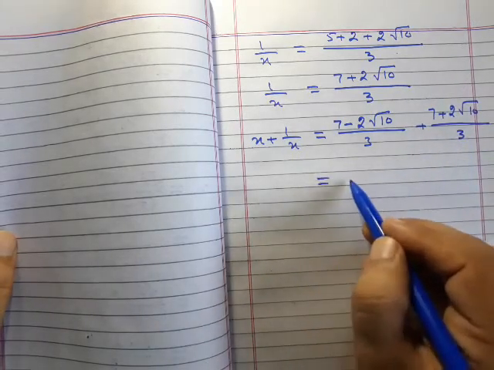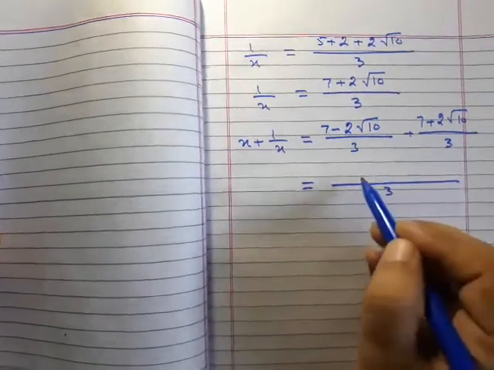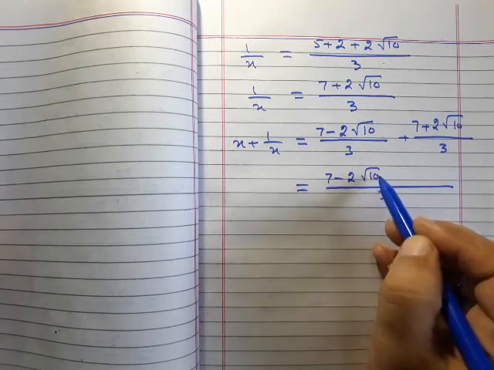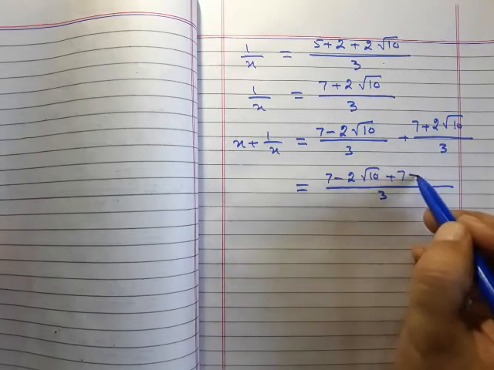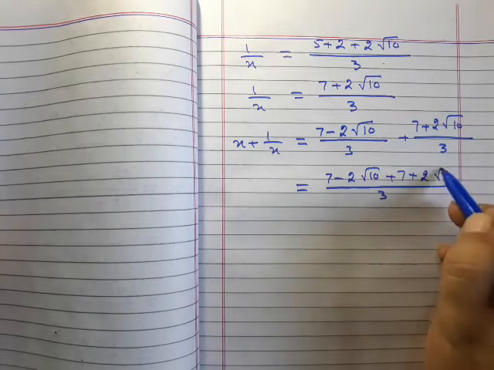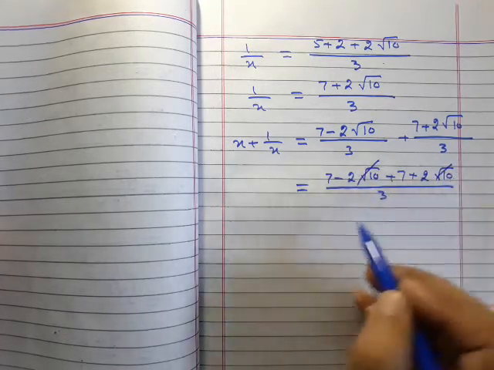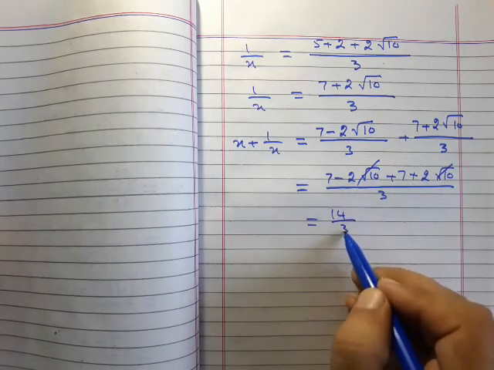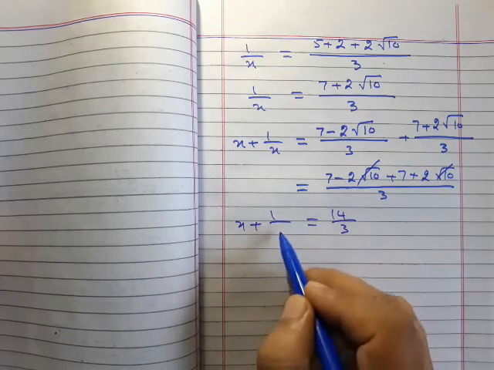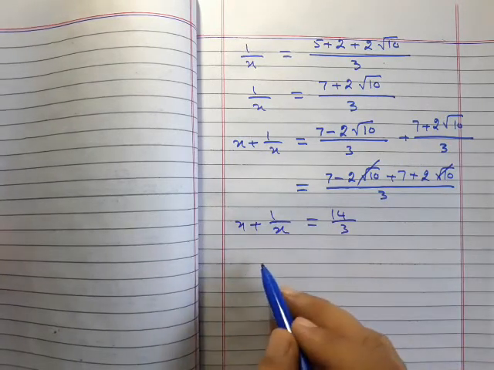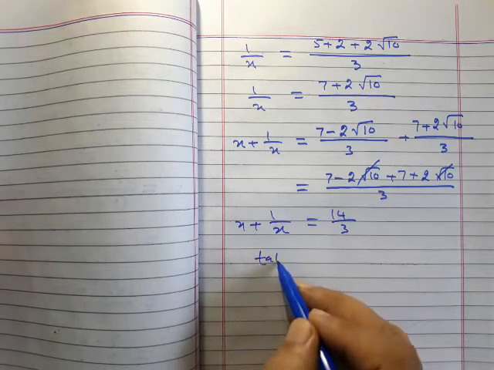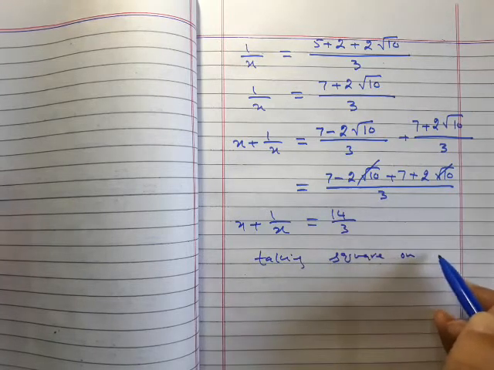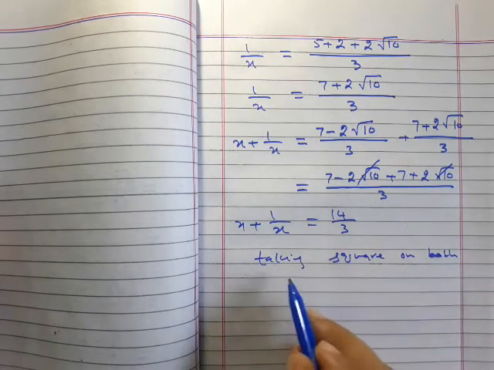Now taking the LCM, 3: 7 minus 2 under root 10 plus 7 plus 2 under root 10. It will be cancelled. The answer is 7 plus 7, 14 over 3. It is our first answer. Now taking square on both sides.